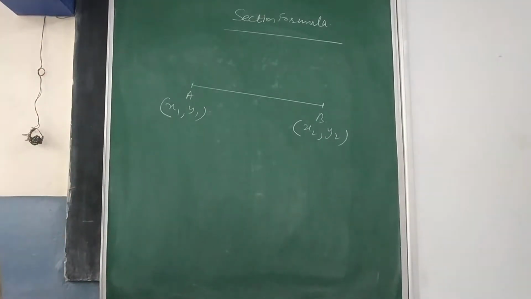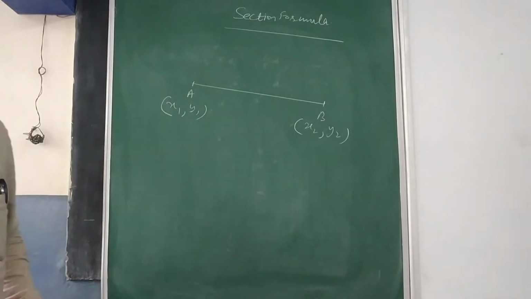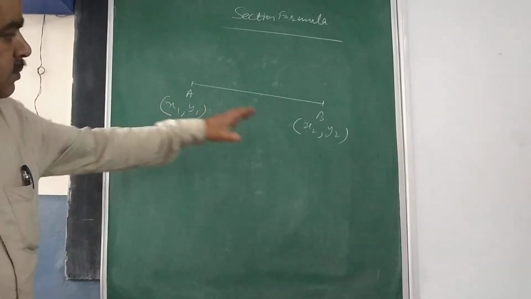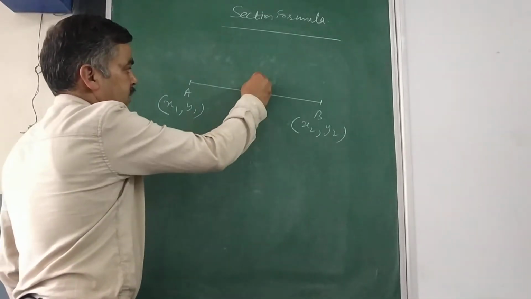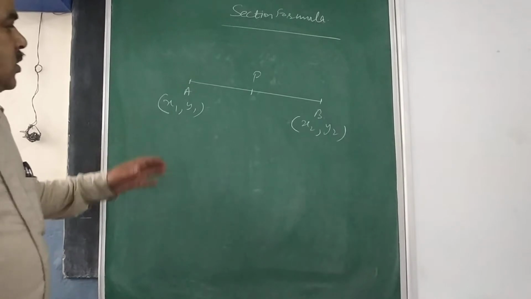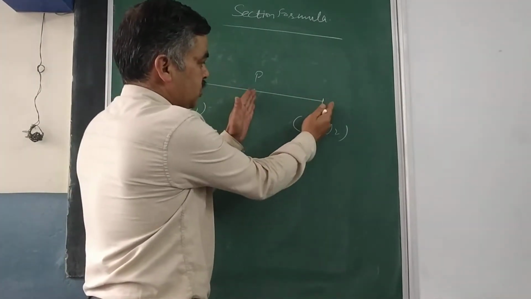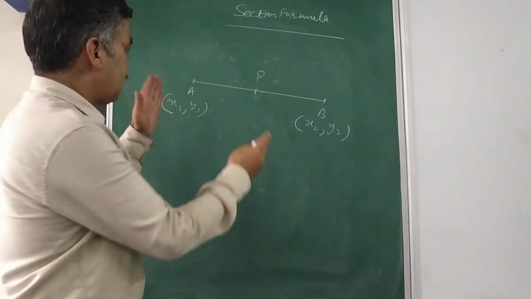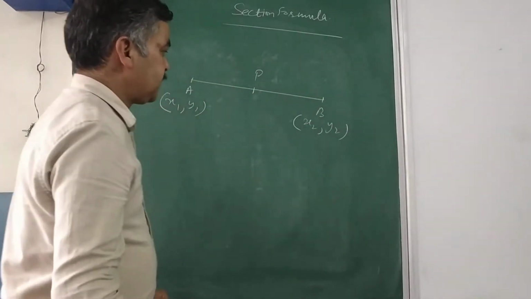Then we applied the distance formula to determine the length of AB. Now on the same line, if I mark any point P here, what happens? This join of AB gets divided into two sections. You can see very clearly: first is A to P and then second is P to B.